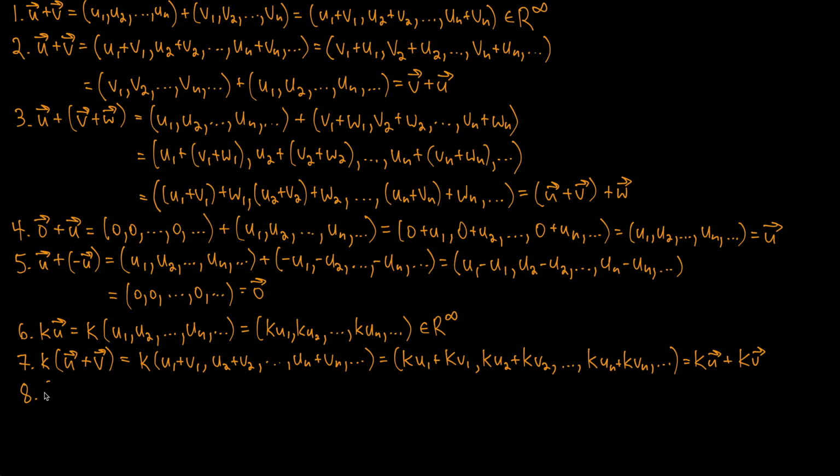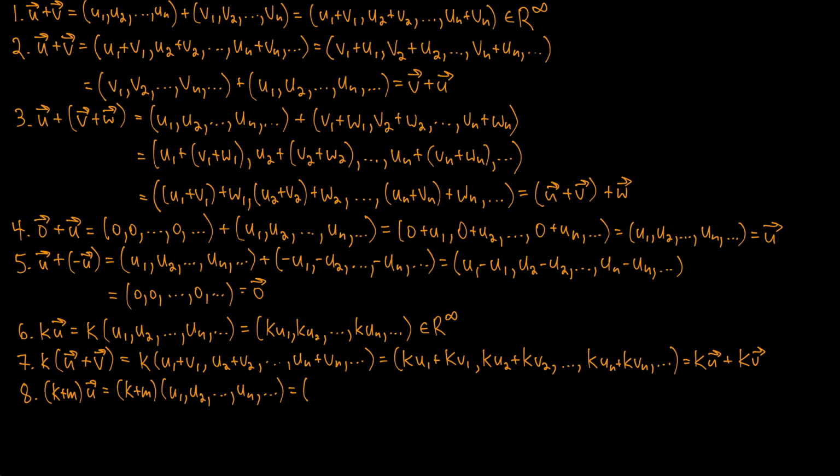So we have k plus m times u, but that's just k plus m times u1, u2, un.